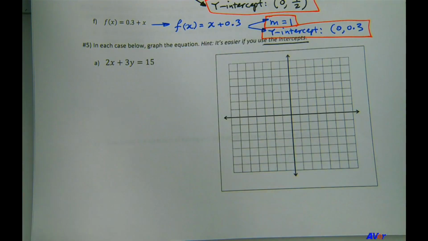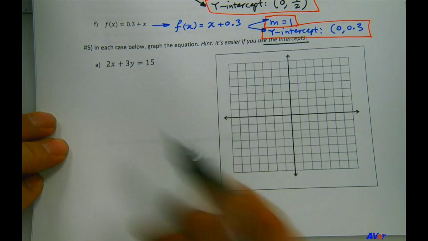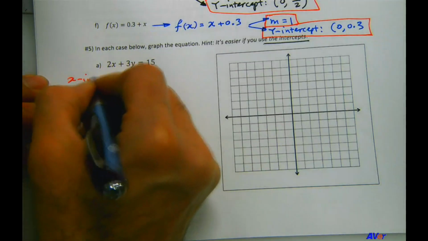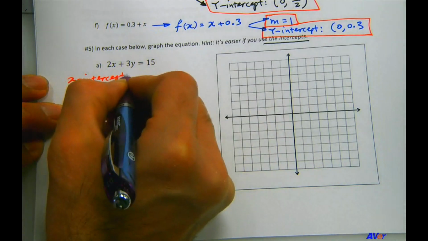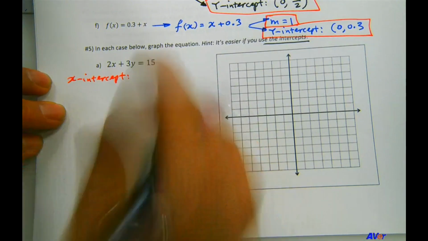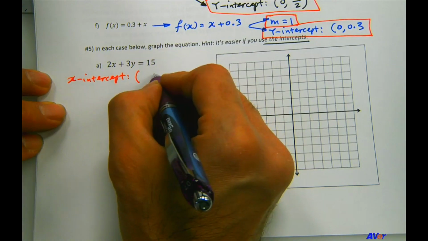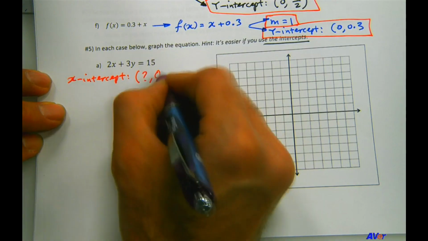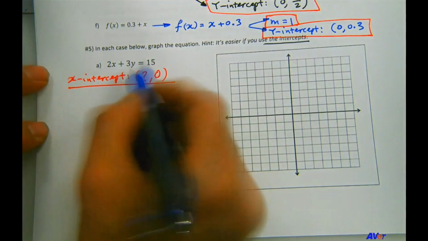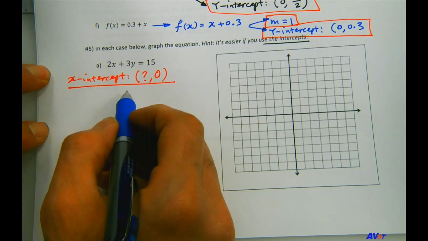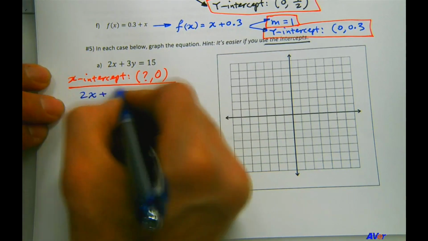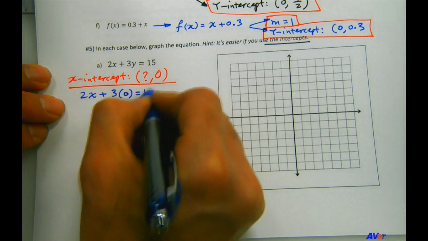Okay, so this one, let's first find the intercepts, because that's a straight line. So the x-intercept, we did this before, remember, in one of the earlier sections? X-intercept means that the y value is 0 and we're looking for the x quantity. So let's substitute 0 for y in that equation and find x. So 2x plus 3 times 0 equals 15.